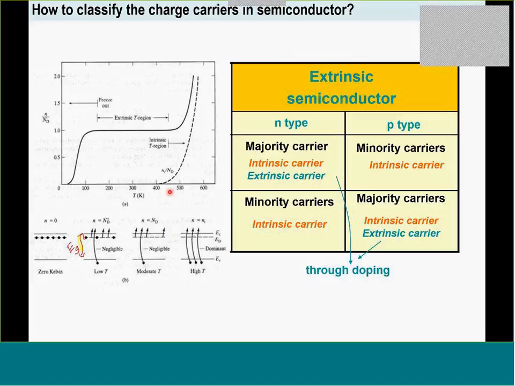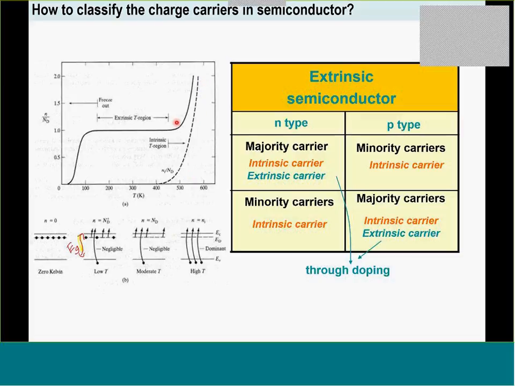But at a much higher temperature, although there are still available electrons in the donor level, electrons from the valence band have enough energy to jump through the E gap. At around 400 K for silicon, there is a substantial amount of intrinsic carriers able to jump to the conduction band.